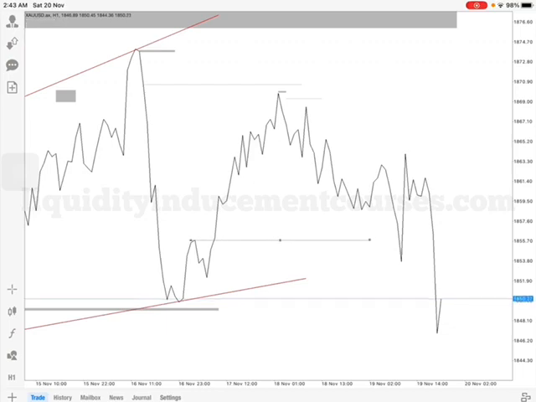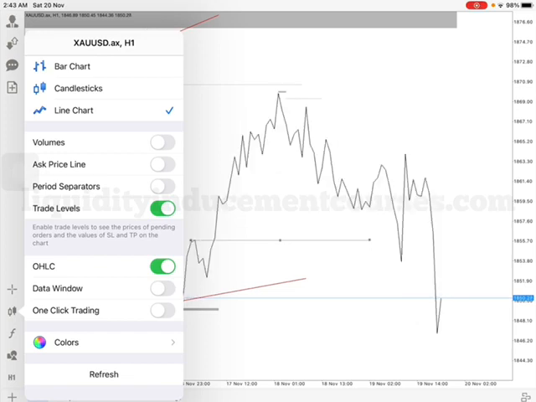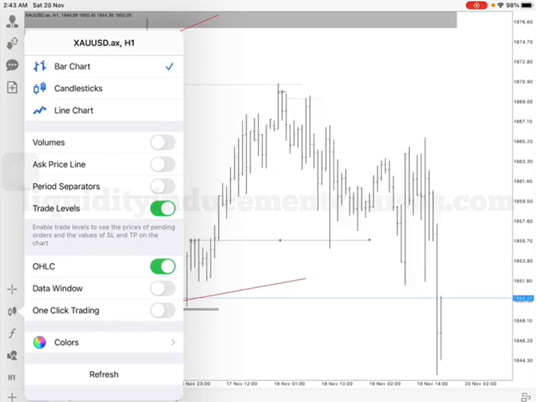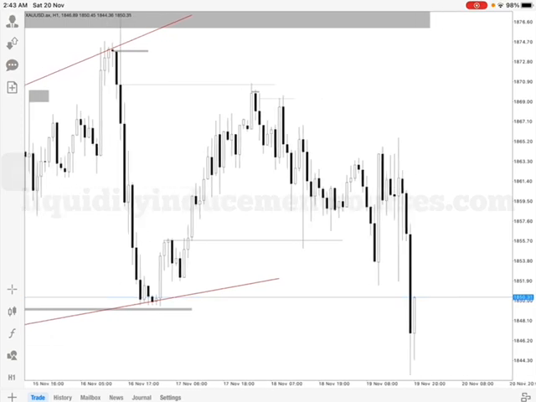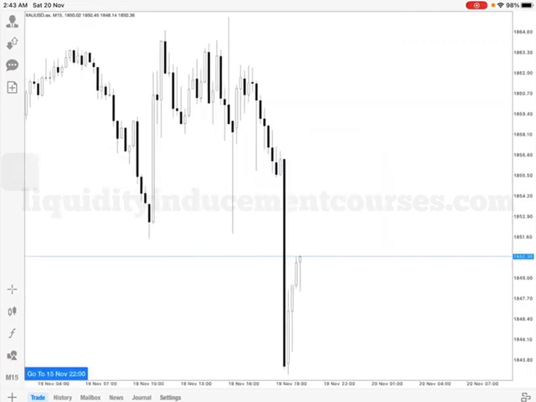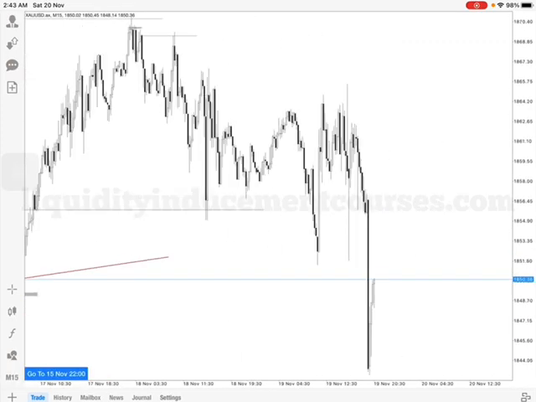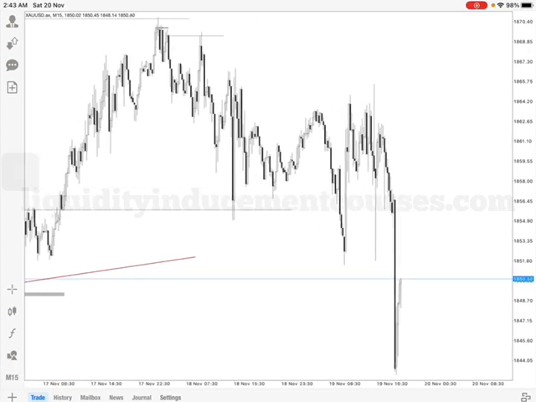Okay. Yep. So you can see it rejected here, gave us a buy, but I didn't take it. And then what? I took the sell earlier here today. So basically price is just consolidating here, right? Just building liquidity for it to take later in the future.